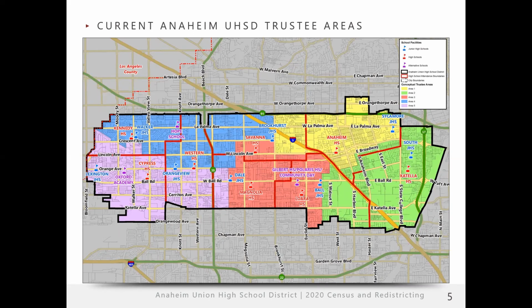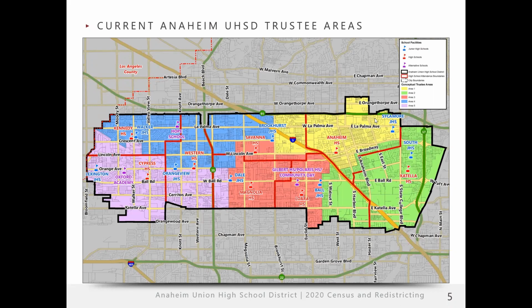On this slide, we have the existing trustee voting areas for the district. Just to orient you on the map, the colors shown here represent the voting areas for all of the board seats.